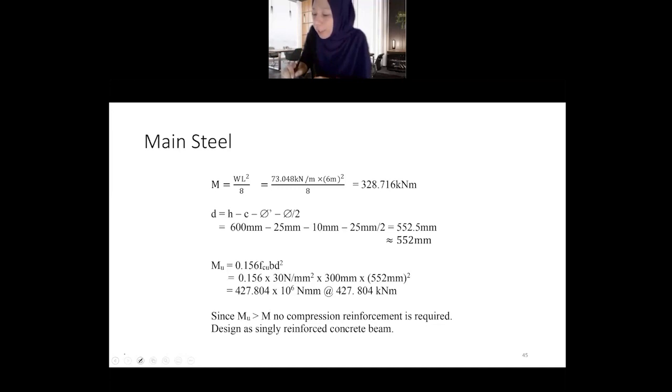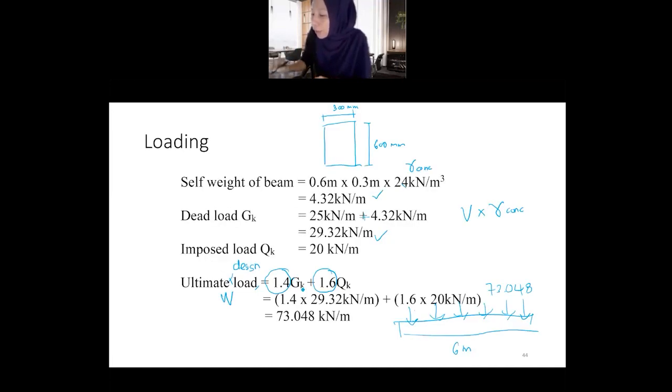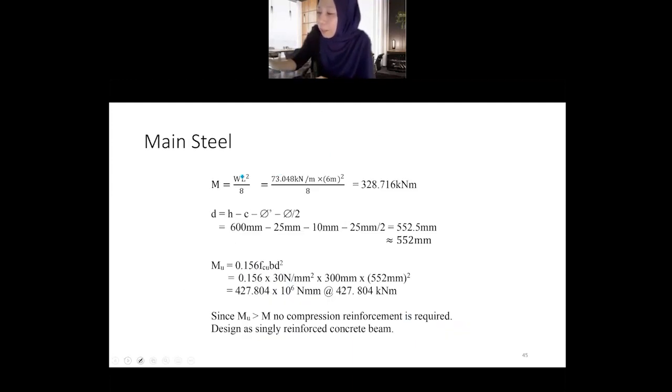Just include the value of W that you get at the back here, 73.048, inside this W. Okay. Masukkan je. Okay. Darab dengan length power of 2 divide by 8.